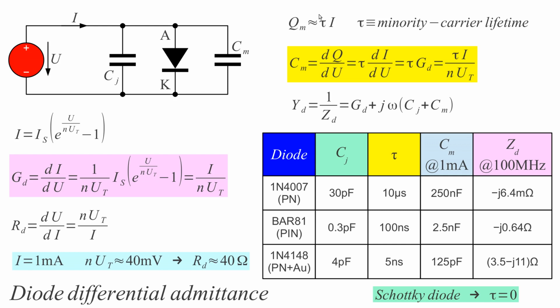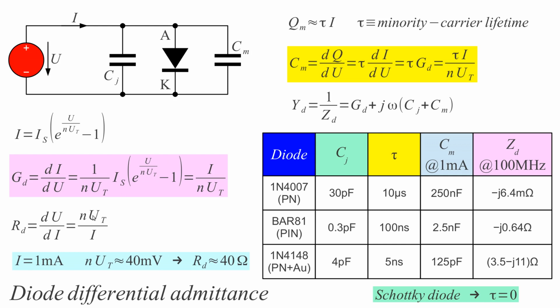In this way, quite a large charge is stored both in the anode and in the cathode, because this minority carrier lifetime may be quite large. So when we have a forward current through our diode, we get lots of stored charge. Lots of charge means additional capacitance here. So this is C of minority carriers. This is, of course, the amount of charge differentiated by the change of voltage.